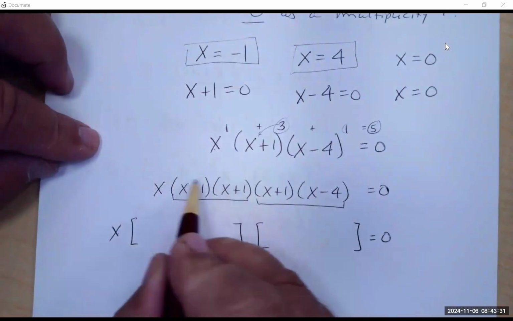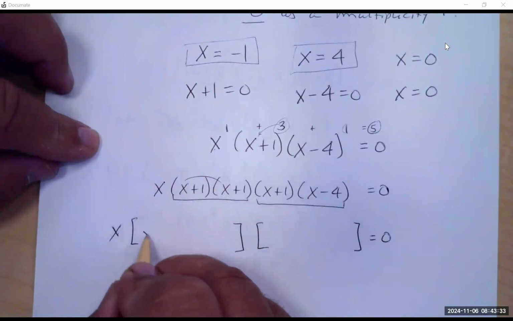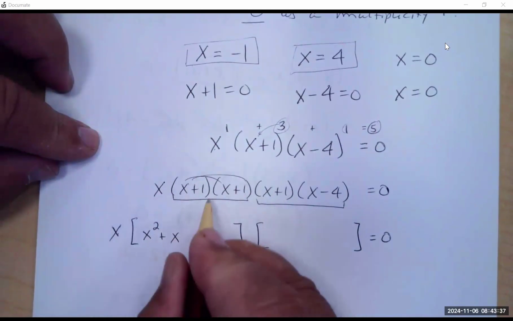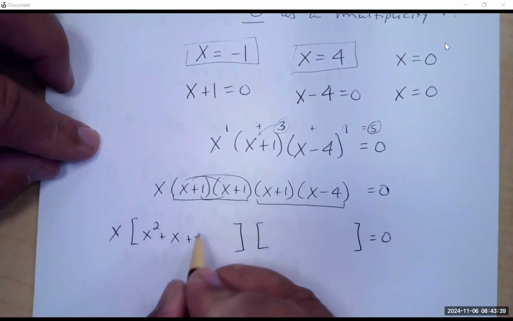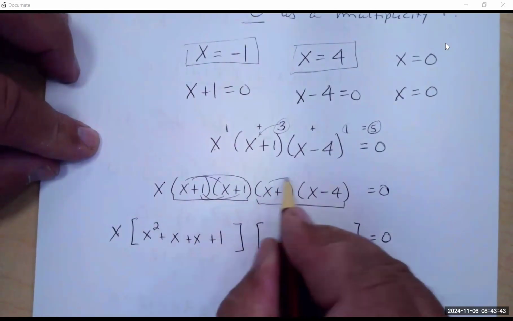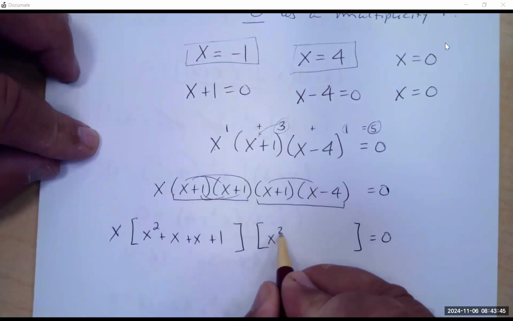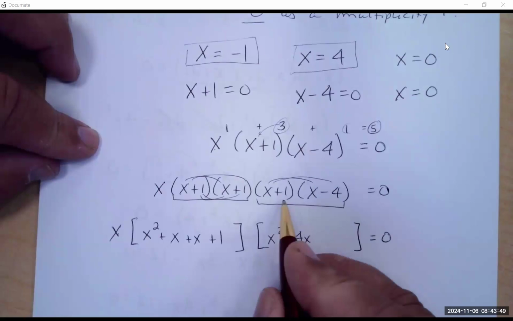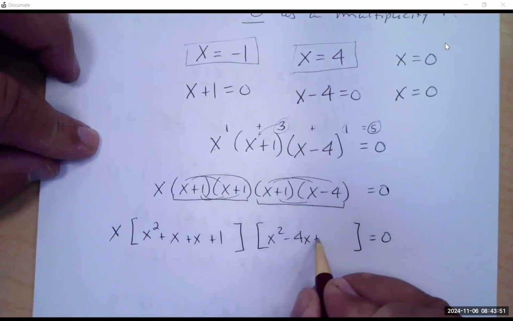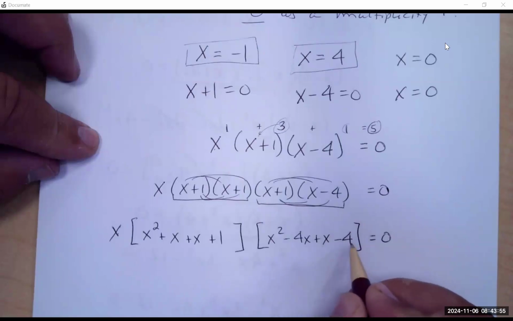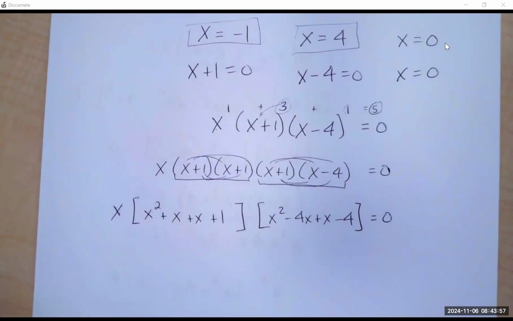So x plus 1 times x plus 1 is x squared plus x plus x plus 1. x squared minus 4x plus x minus 4.